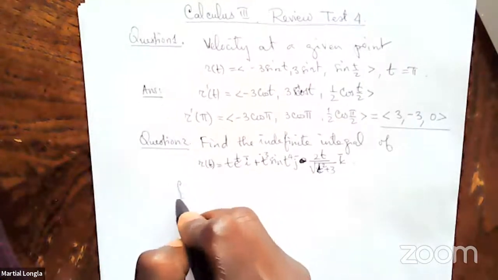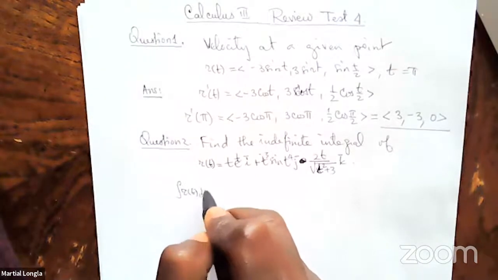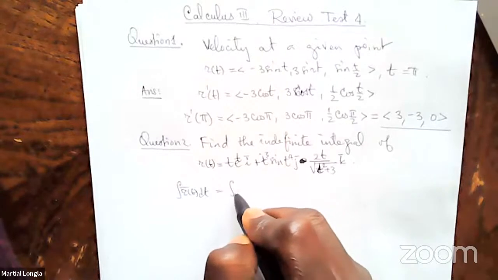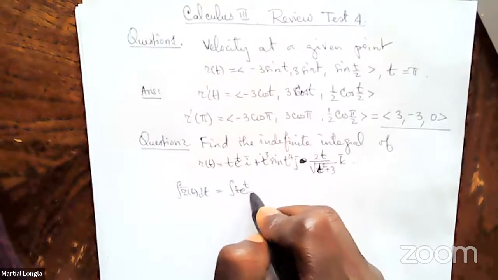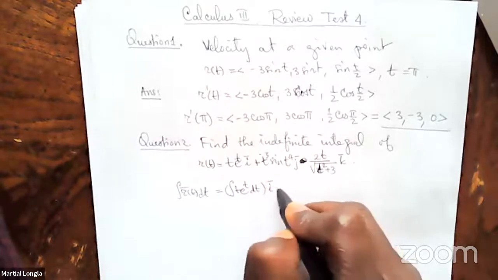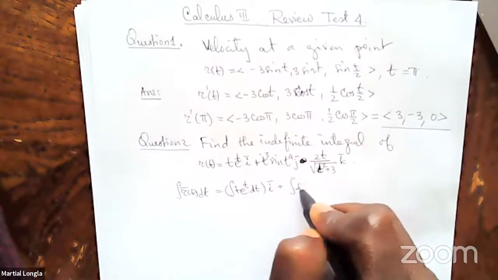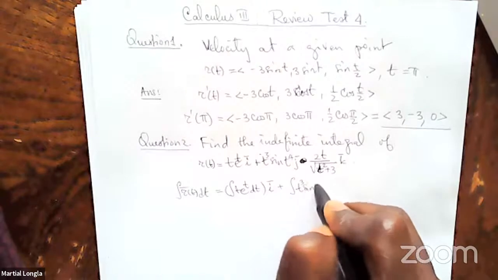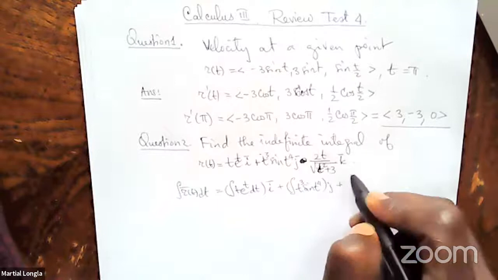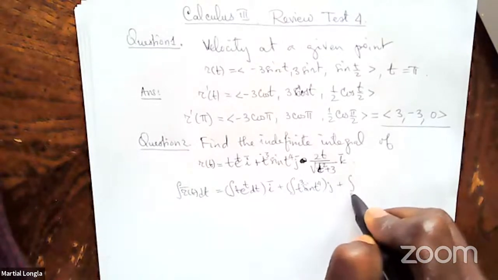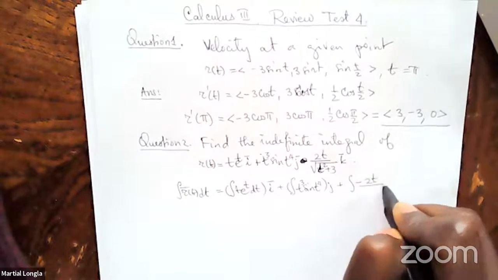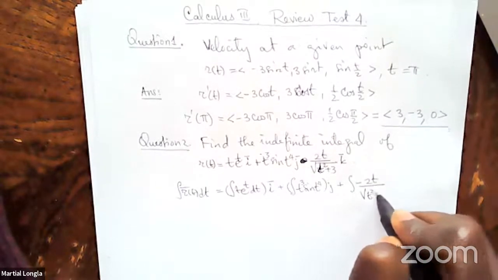And so the integral of r of t dt equals integral of t e to the t dt i plus integral of t cubed sine of t to the 4th j minus integral of 2t over root t squared plus 3.